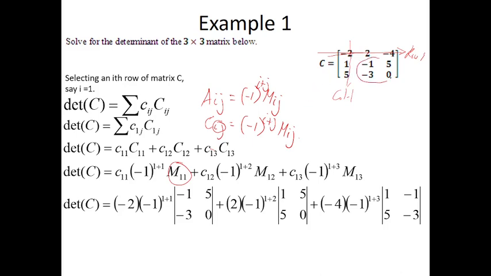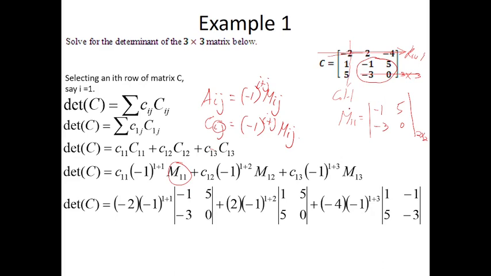So, ito ngayon yung ating gagamitin. M11 is the determinant of negative 1, 5, negative 3, 0. So, this will be deleted. Tapos, ito kukunin natin yung determinant. Anong size niyan? 2 by 2 na lang. Ito, 3 by 3. So, kaya, ang size ng minor, n minus 1 by n minus 1. Okay? Mas mababa ng isa sa original. So, 2 by 2. Okay? So, that's why nakuha natin ito.